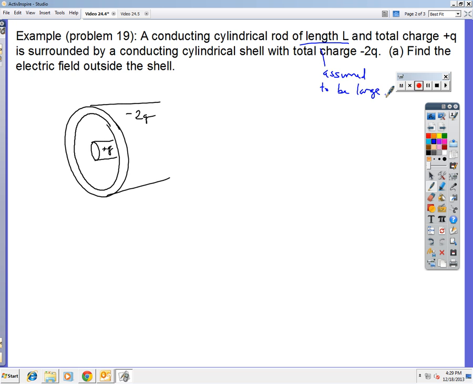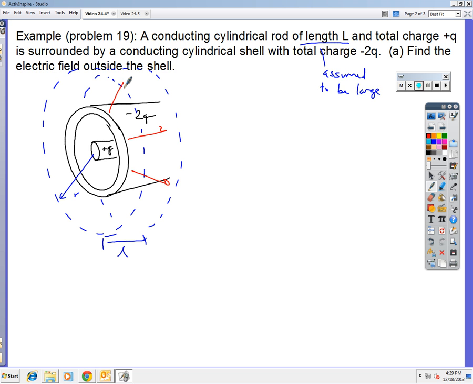And we want to find the electric field outside the shell. So what we do is we draw our Gaussian surface as a cylinder, where that's R, that's L. And the electric field is going to point, well, in this case, probably radially inward.